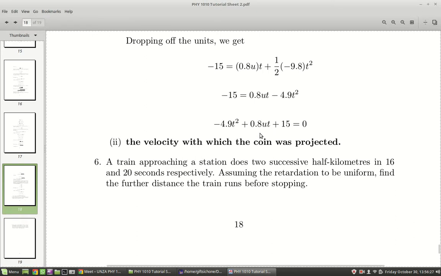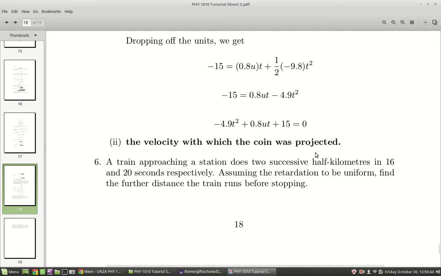Okay, now here we have minus 4.9 t squared, then 0.8 u t, plus 15 equals 0.